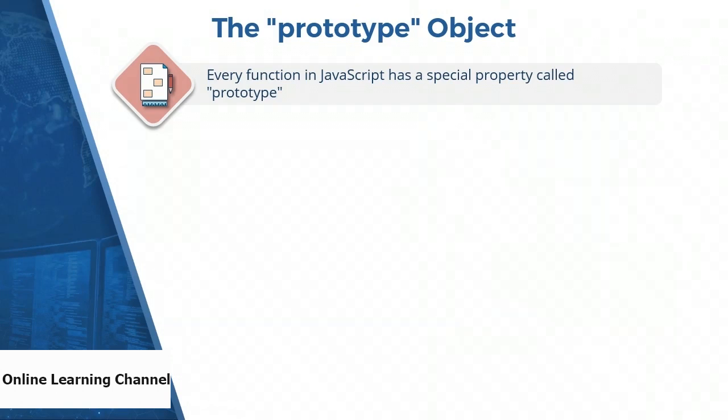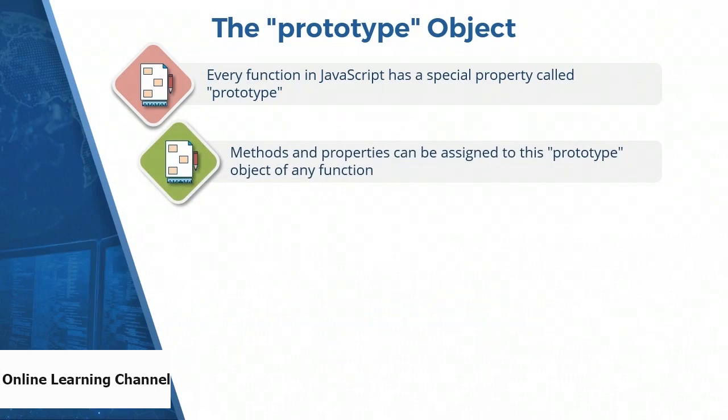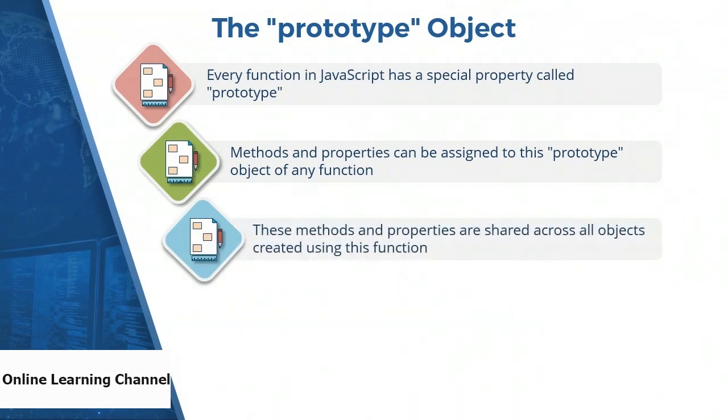This prototype property is generally a reference to an object, and methods and properties can be assigned to this prototype object of any function. These methods and properties that are assigned to a function object's prototype are shared across all objects that are created using this function.